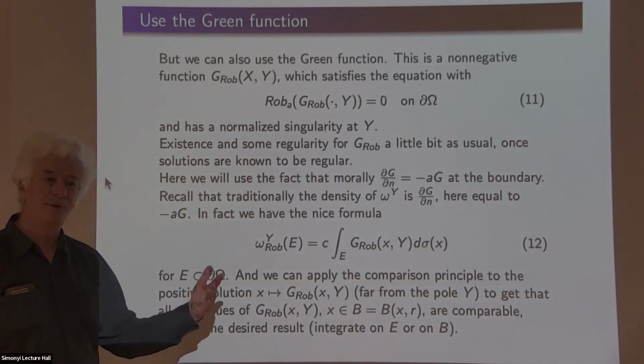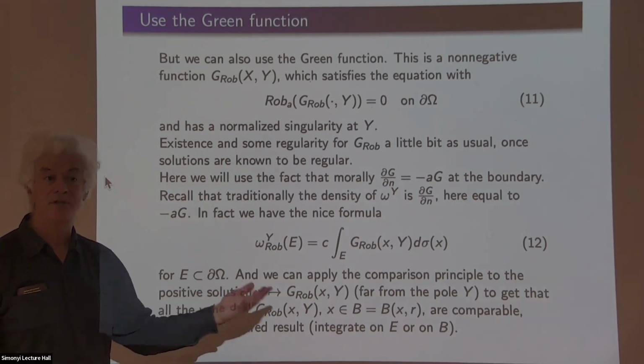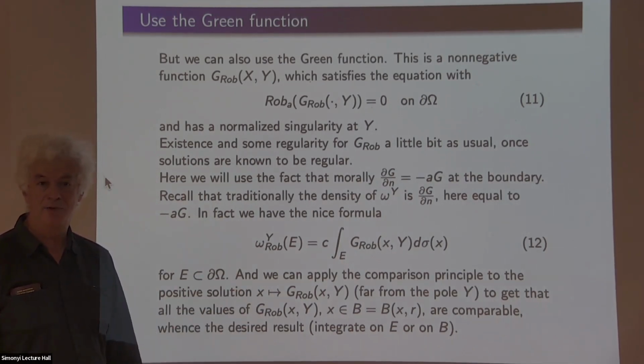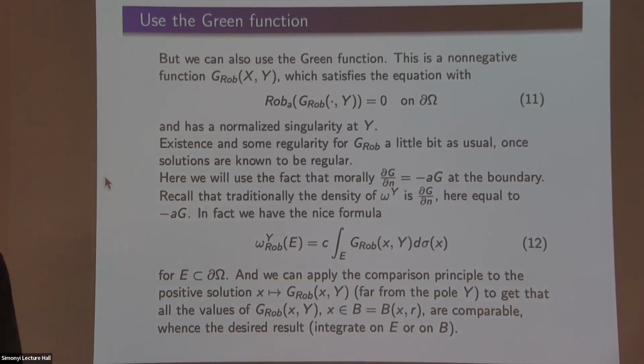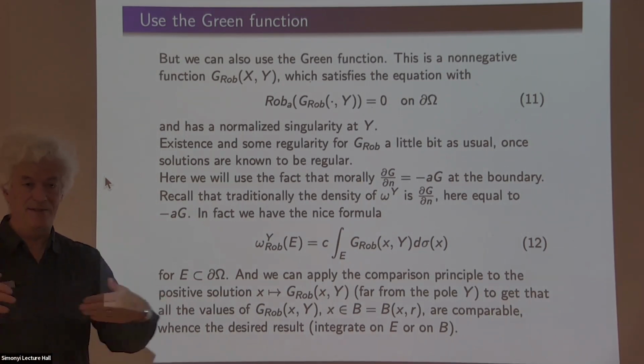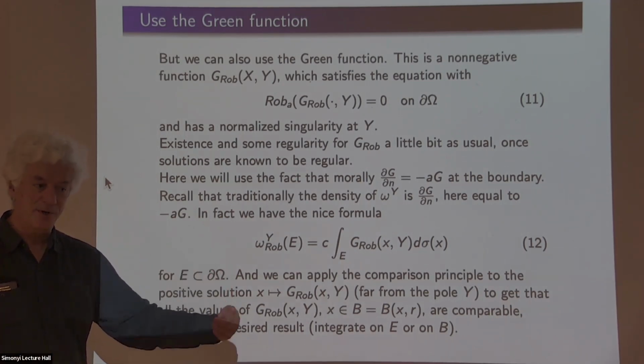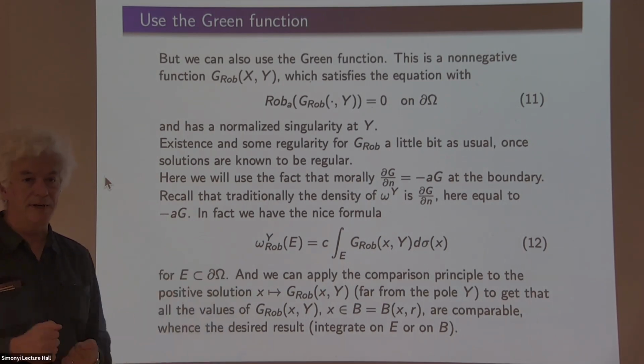So in fact, the Green function and the function u are essentially the same modulo multiplication. In the usual case, it's very hard and complicated to estimate the Green function because it's a solution of du/dn equal to something. Here, it's much easier because it's a solution of itself equal to something at the boundary, which gives it extra regularity, and you can use that.